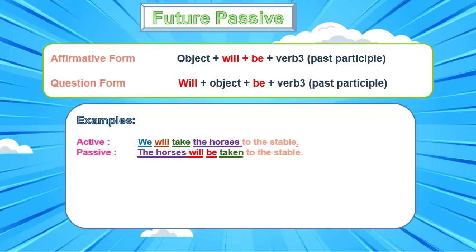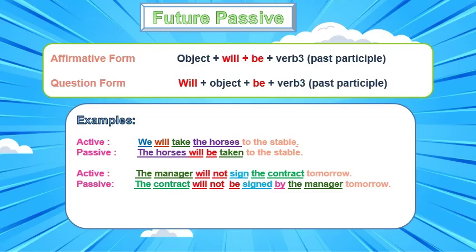Okay. Number two, the manager will not sign the contract tomorrow. So the contract will not be signed by the manager tomorrow. We add the negative, not, after will. So if it is negative, we will put not after will, not after be. Okay. Don't forget this. Number three, will the boss give me a job?